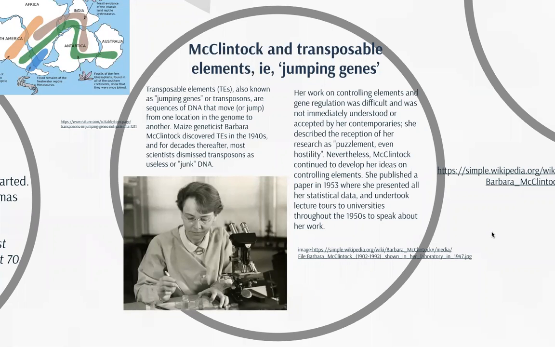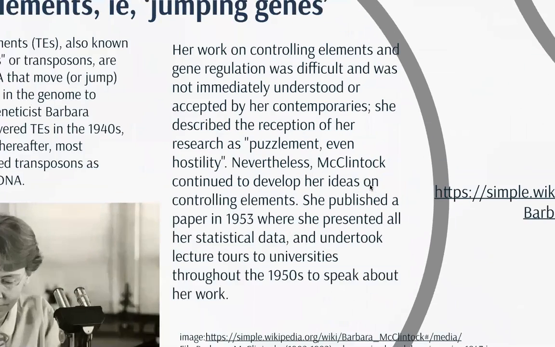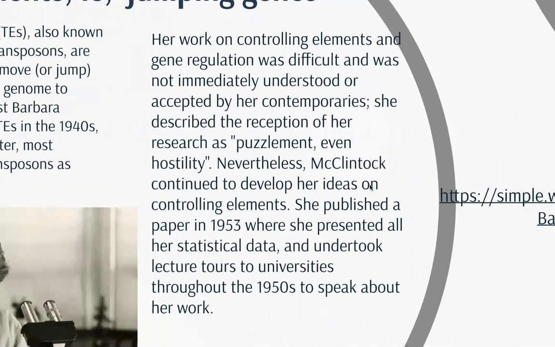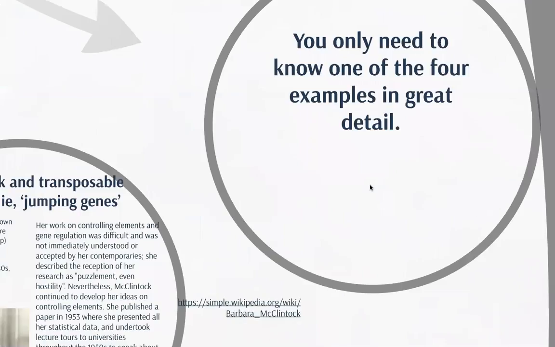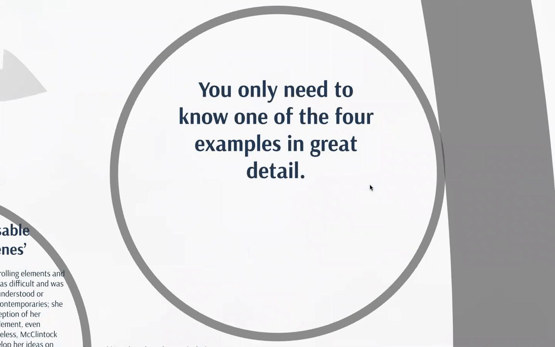So, she presented some papers on this when people were talking about junk DNA and all sorts of stuff like that. But McClintock was able to work out that genes did reestablish themselves in new ways, explaining how some mutations happen as well.